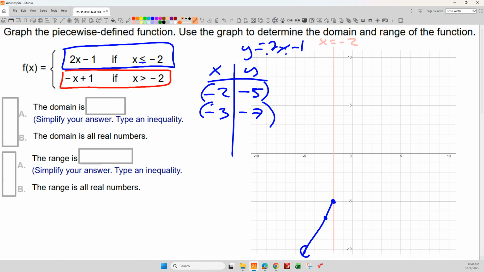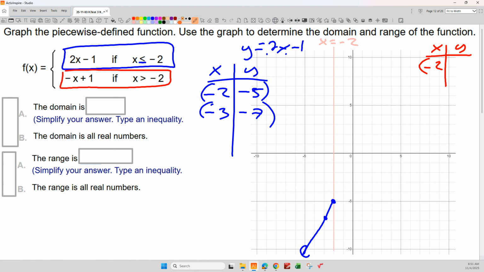remind me real quick, that's everything to the right of the boundary. For my t-table, what values would I want to pick here? What's one for sure I want to pick? I actually want to pick negative 2. Yeah, even though it's not in the domain, I want to know where this thing ends up. So if I evaluated this at negative 2, what would I get? 3.